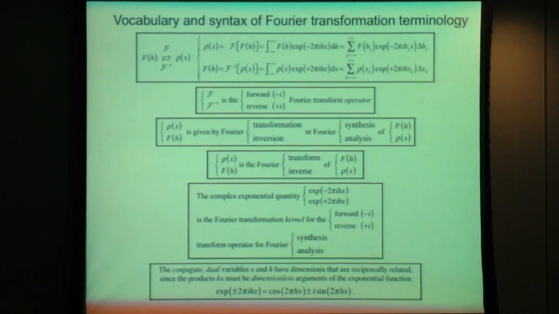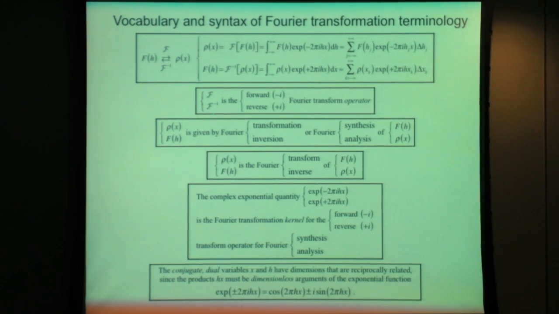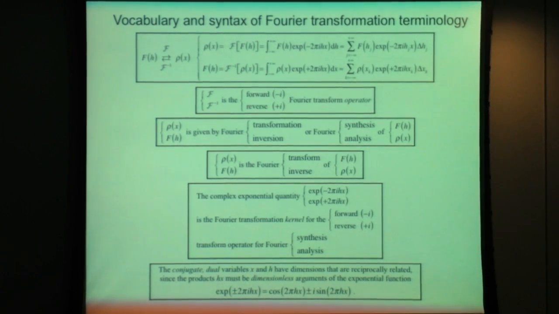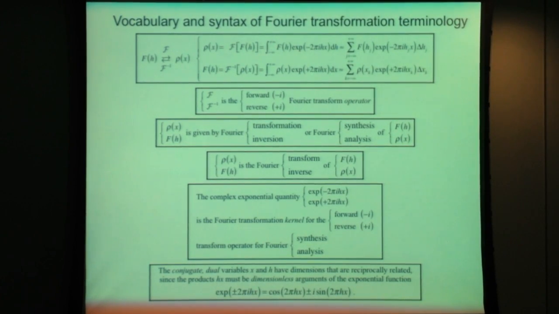So we talk about forward and reverse Fourier transforms. When we talk about the inverse transform, that is a script F to the power minus 1, we've got the positive complex exponential exponent. Okay, so going through all of this is a way to either fix these ideas in your head or completely confuse yourself.